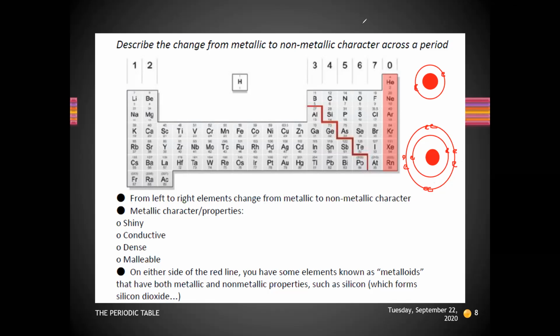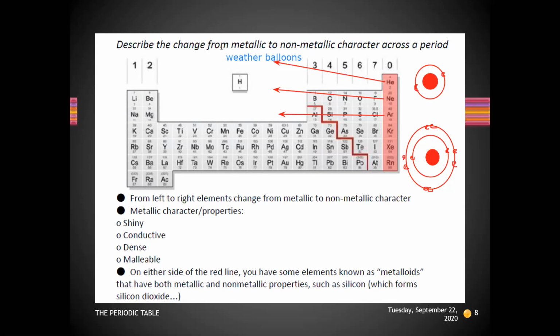For this group, what you have to learn are the uses of helium, neon, and argon only, just 3 of them. So helium is used in weather balloons. Why do we specifically use helium?